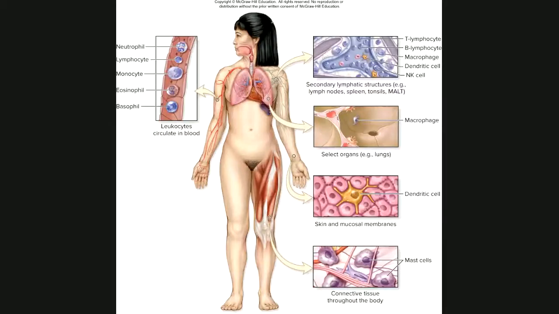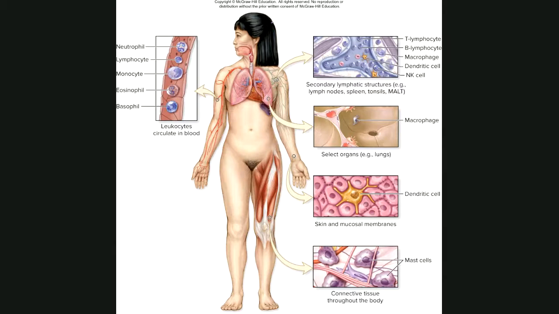We can also find immune cells in the epithelial layers of the skin and mucosal membranes. We see a lot of dendritic cells here, and I think there is a picture right here. Let's get a visual of what a dendritic cell looks like. A dendritic cell is named dendritic because it has dendrites, these projections.